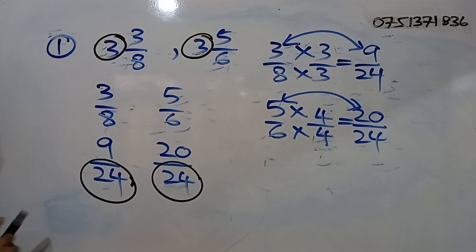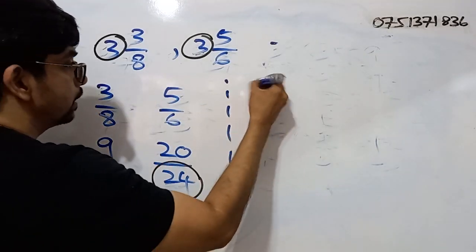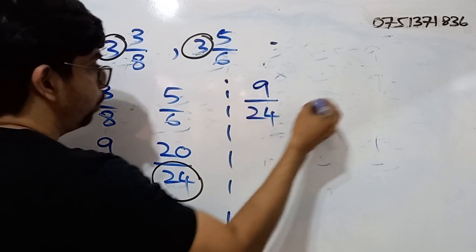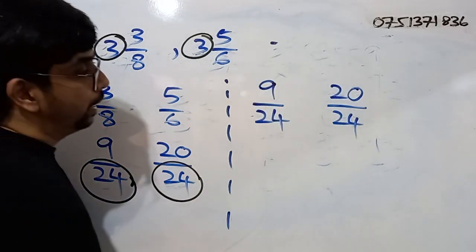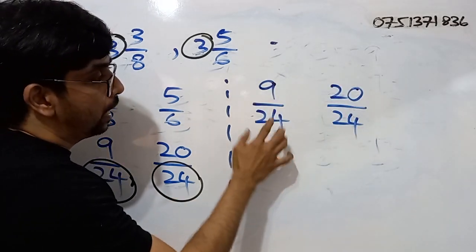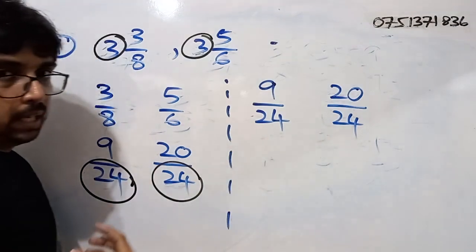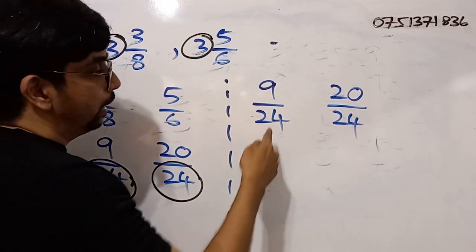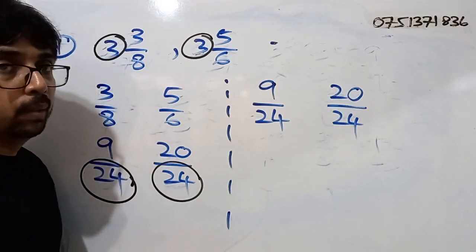Now we can compare. Right? So I will continue on this side. 9 by 24 and 20 by 24. Okay, so here I have written the two fractions. So now it is very easy for us to compare. The denominators are the same, so simply we have to look at the numerator values.